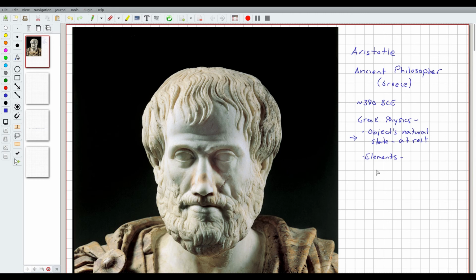In Greek philosophy, they believed that everything in nature was made of things like, say, fire. You could have water in something. You could have air in something. And you guessed it, you can have earth in something. So everything in nature was comprised of some combination of fire, water, air, and earth. And as per Aristotle's idea of physics, things moved based upon their composition.